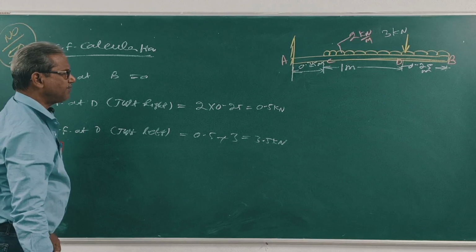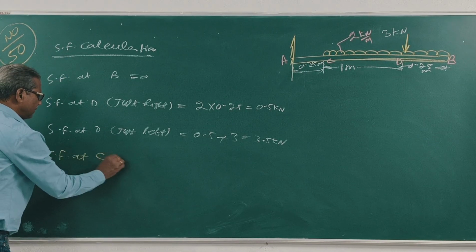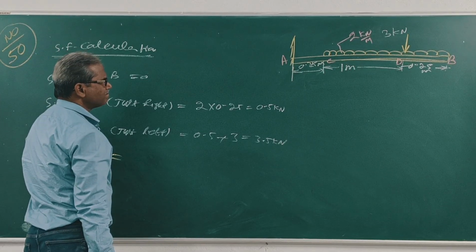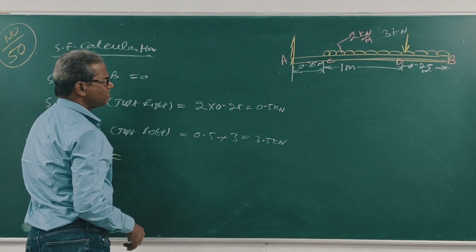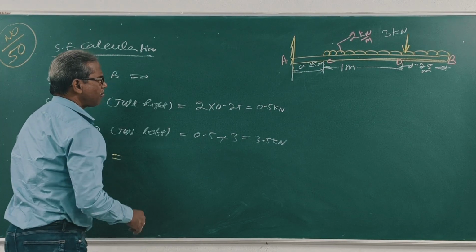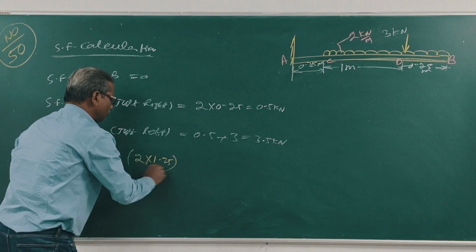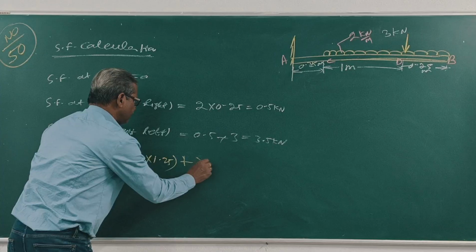Shear force at C. Total is 2 into 1.25 plus 3. The UDL load is 2 into 1.25, plus this point load 3.